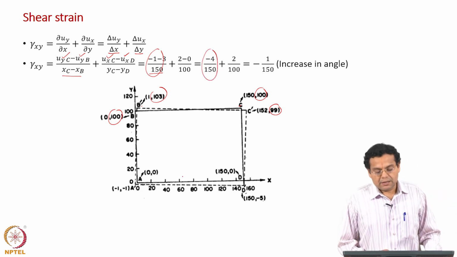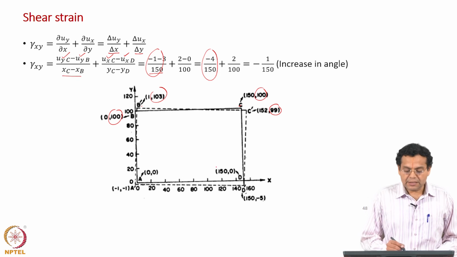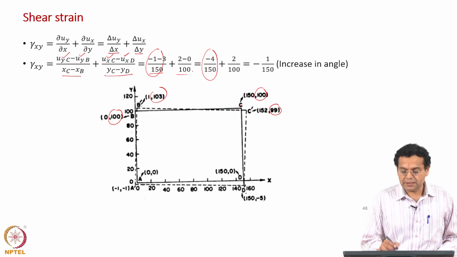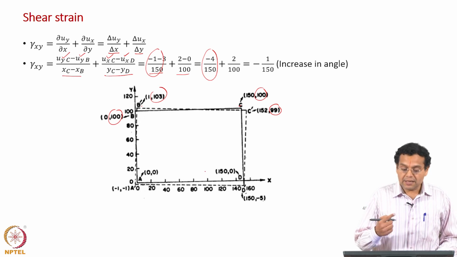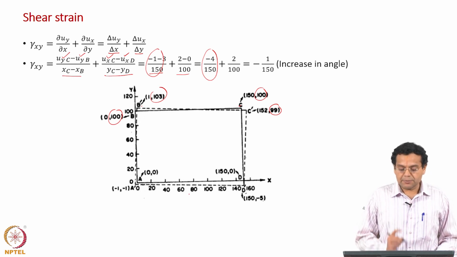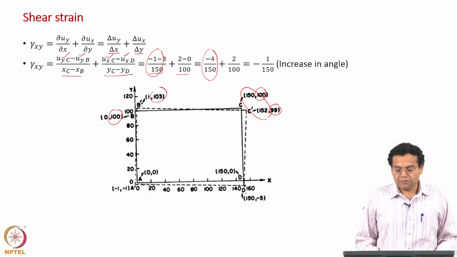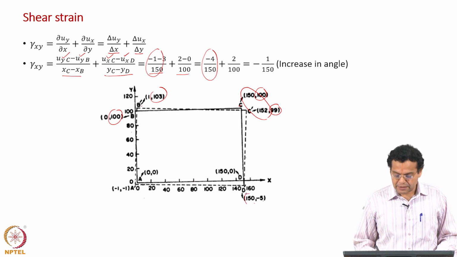Coming to the second term, considering particles along the y direction, which are C D, the distance between them is 100. Now, consider the difference in x displacement. For C, the x displacement is 2, 150 to minus 150, and of course for D there is no change, it is 150 minus 150, which is 0.